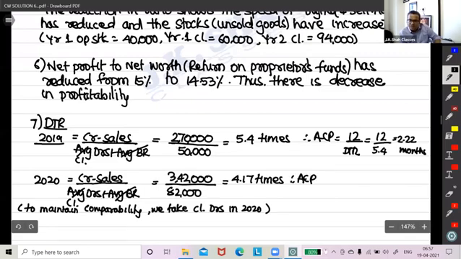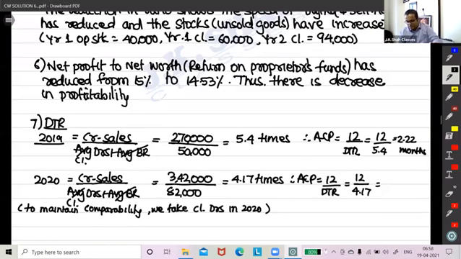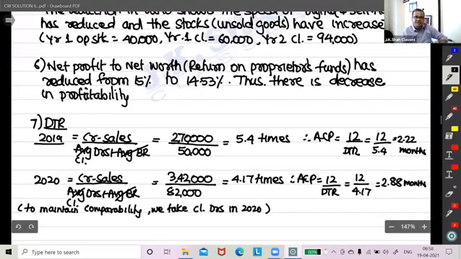Therefore, average collection period is 12 by DTR, 12 by 4.17. That is 2.88, 2.877, so 2.88 months, right, friends? Yes.